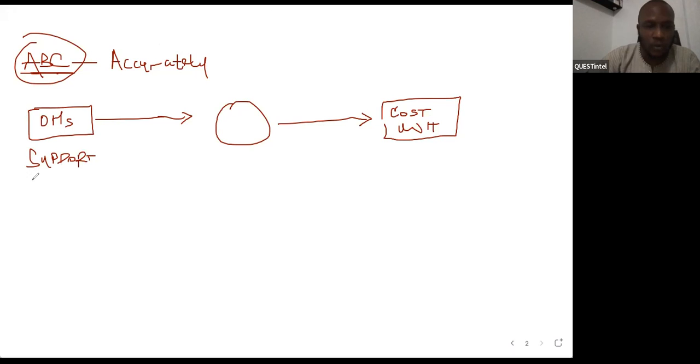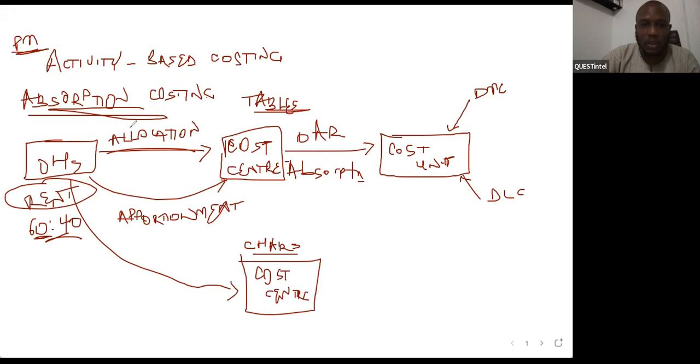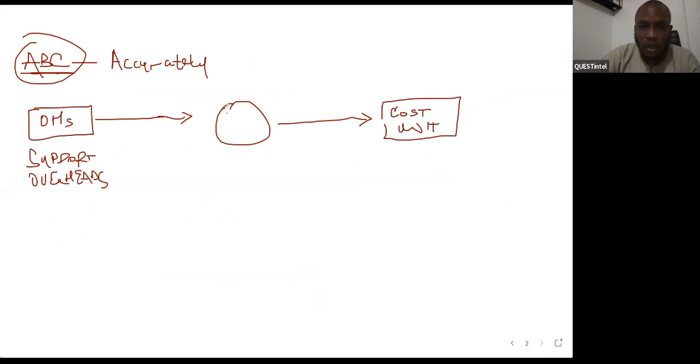So those support overheads are what we are trying to find a means of reflecting in the cost unit. So while in absorption costing we used a cost center, we're going to use what we call a cost pool.